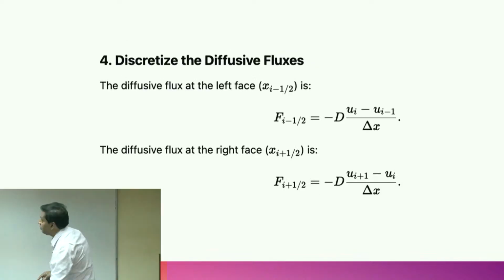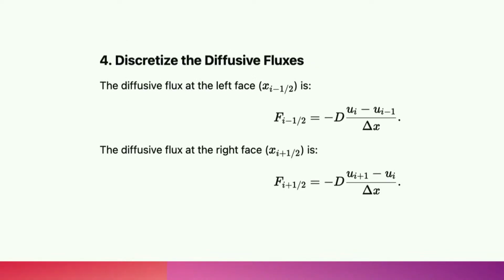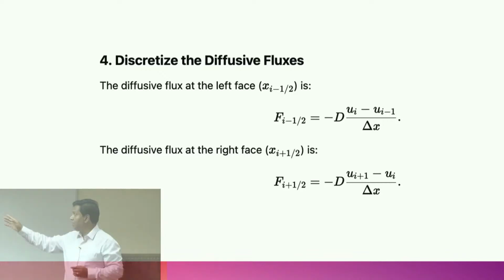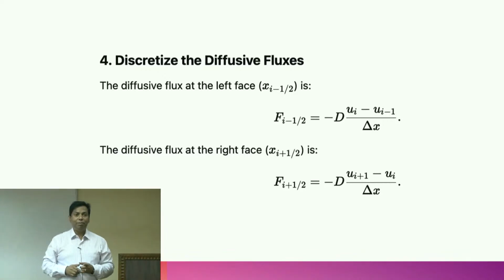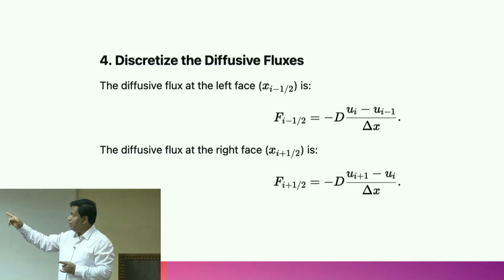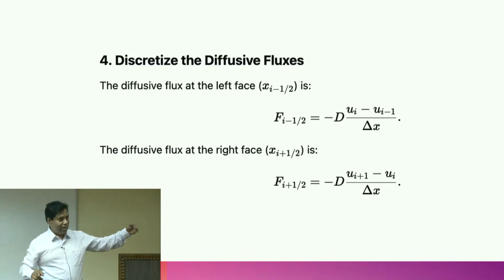So how do we calculate this flux value? With the upper limit and the lower limit. The diffusive flux on the left side, left side means x_{i-1/2}, we define as capital F_{i-1/2}, or whatever you like, equals minus D, the diffusion coefficient, times (u_i minus u_{i-1}) divided by the length of the control volume. The minus sign should be here because the flow goes from left to right.